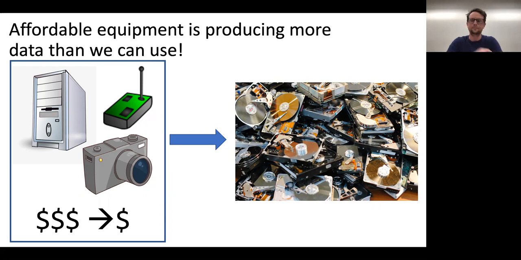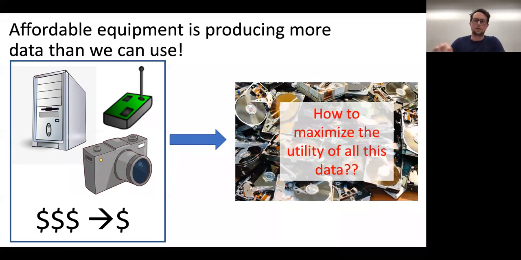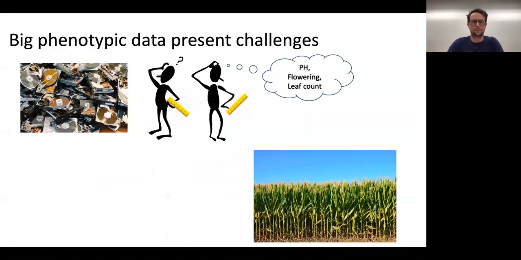And so the question that we've started thinking about is really how can we set up the way that we're doing phenotyping in order to maximize the utility of all of this data and really wring as much information out of it as possible in an efficient manner.